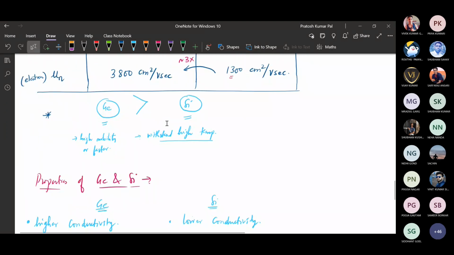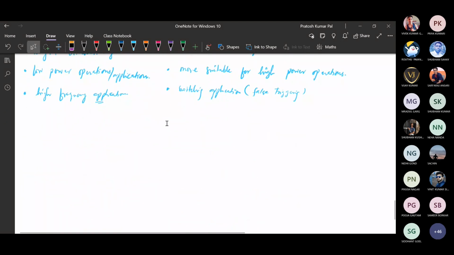In the next class, we will see what energy bands are and how these energy bands are formed, and how the energy bands affect the nature of a material.